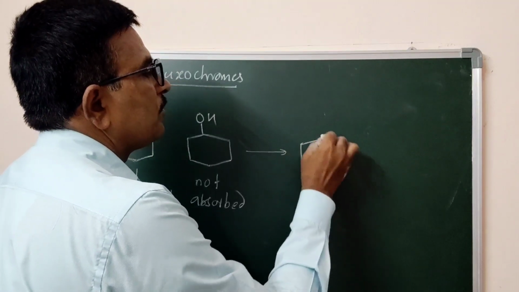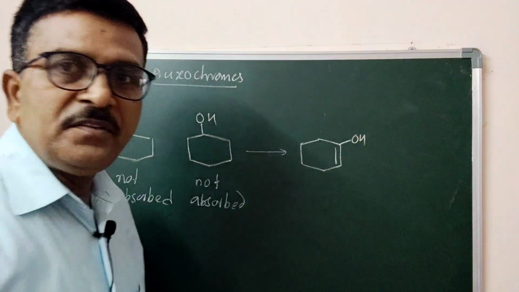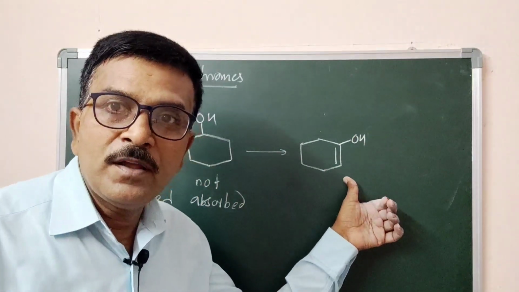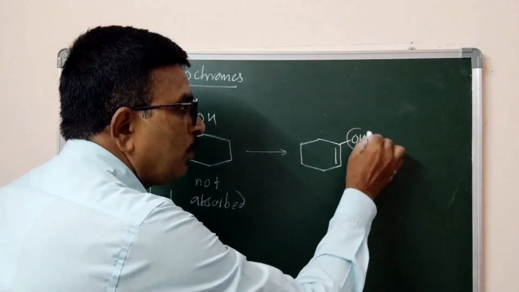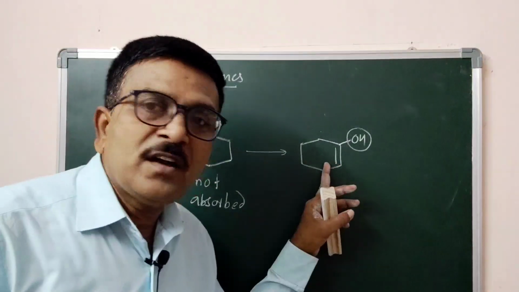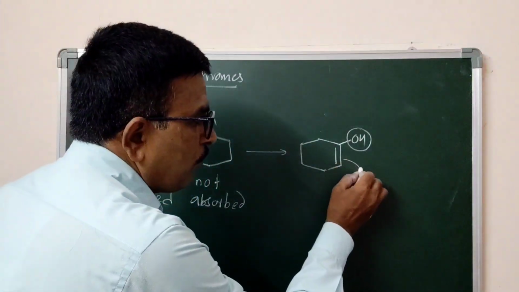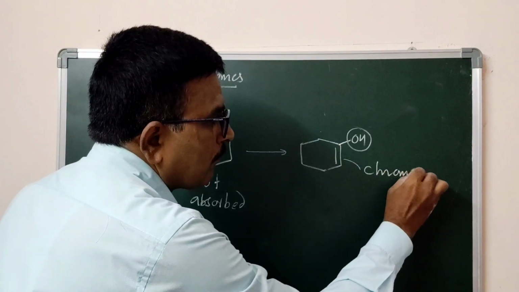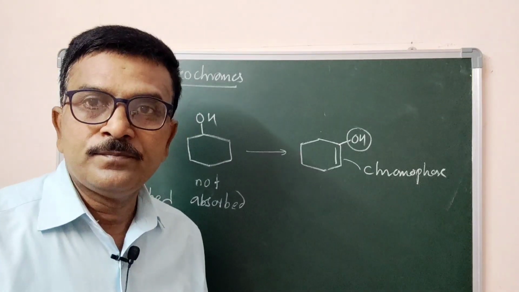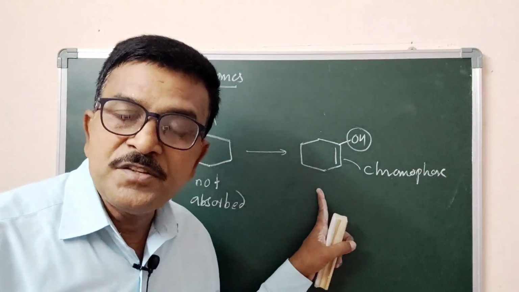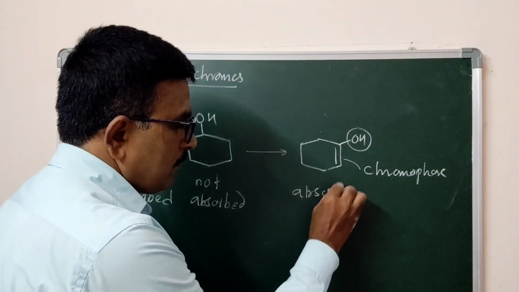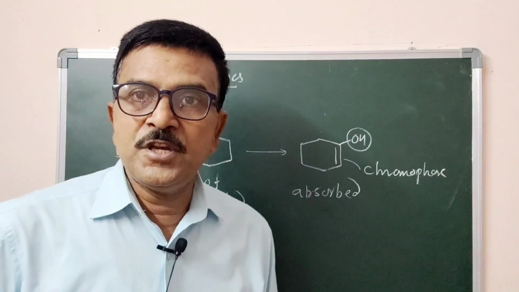Now when we take hexenol, we introduce one double bond. Here this is the group which is conjugated with the chromophore. This is the chromophore. Now due to resonance, you can see it is absorbed. Energy is absorbed.